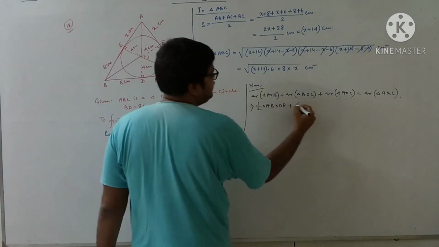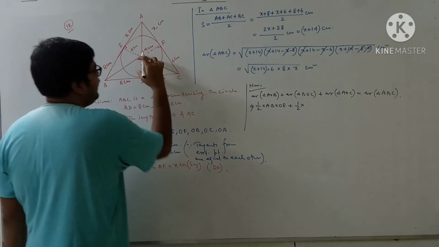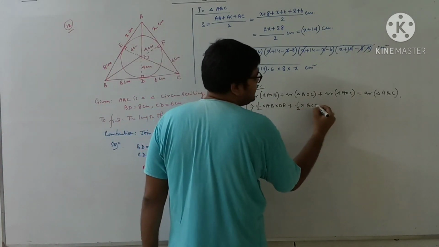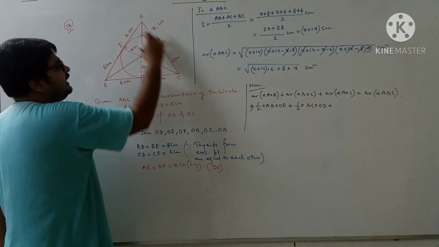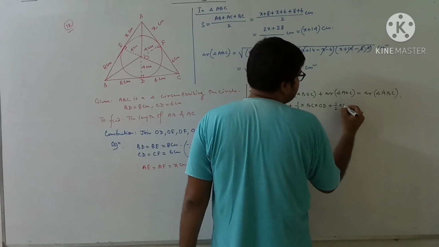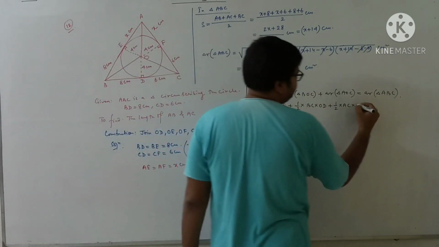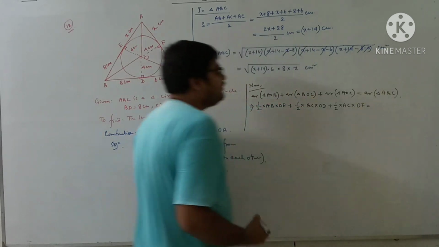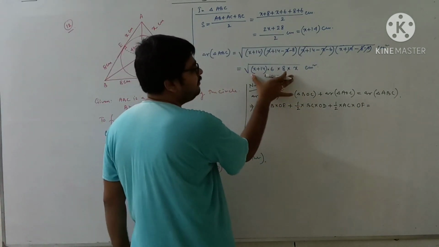Half into base into height. Base is BC and height is OD, so half into BC into OD. Now for area of triangle AOC what will we write? Half into base AC and the height is OF. So that is equal to area of triangle ABC, the full triangle area we have got, root over of x plus 14 into 6 into 8 into x.